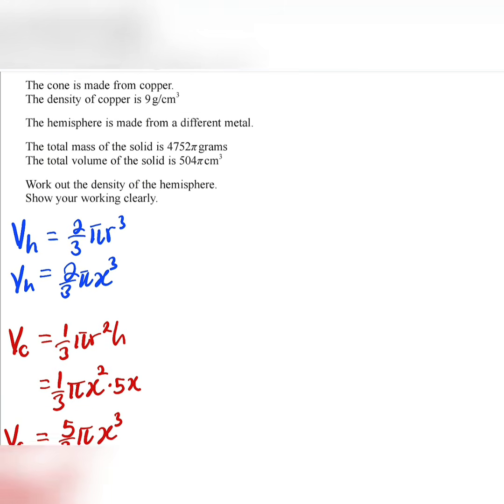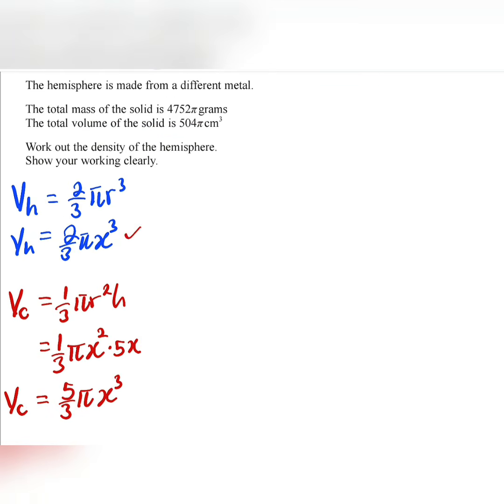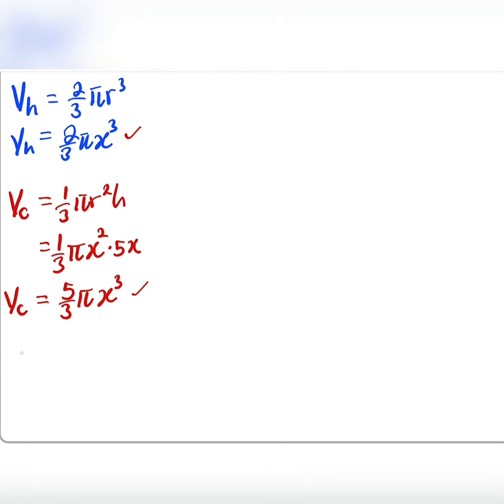So this is the volume of the cone. But we are given the total volume here. Look at it here. This is the total volume. So let's add these two expressions to get the total volume. So total volume is equal to, the first one is 2 over 3 pi x cubed plus this one is 5 over 3 pi x cubed.